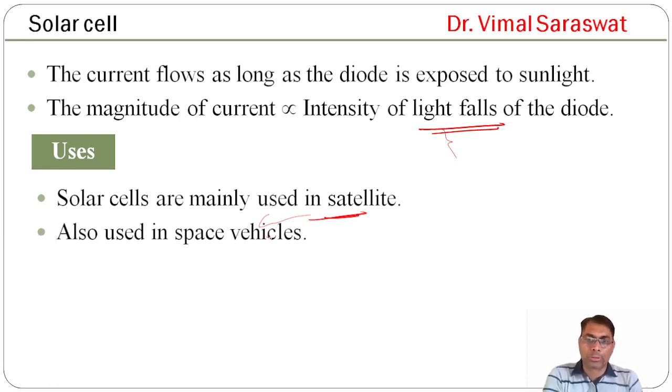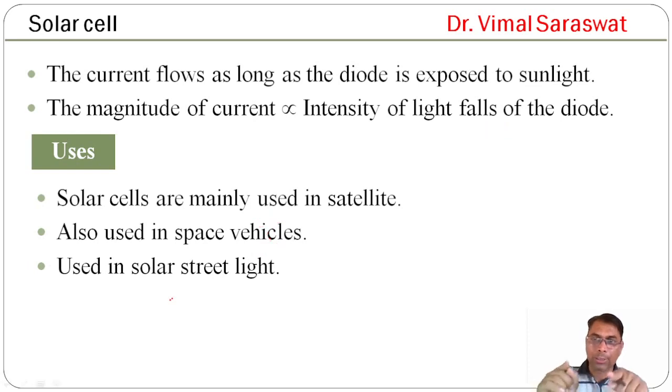Also, it is used in space vehicles. Solar cells are used in solar street lights. During daytime, these solar cells are exposed to sunlight and store energy, and this stored energy is used during night time for lighting the solar street light.